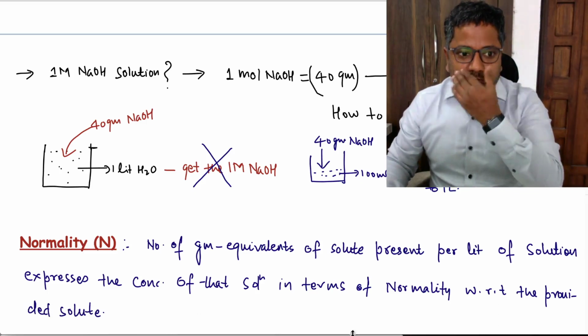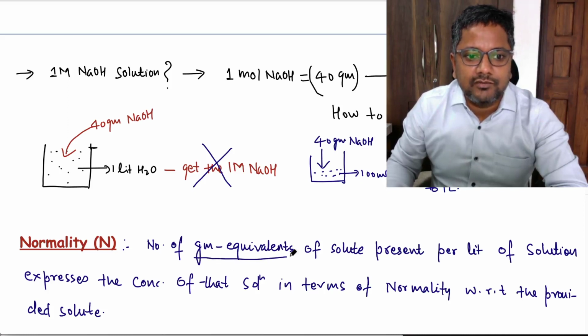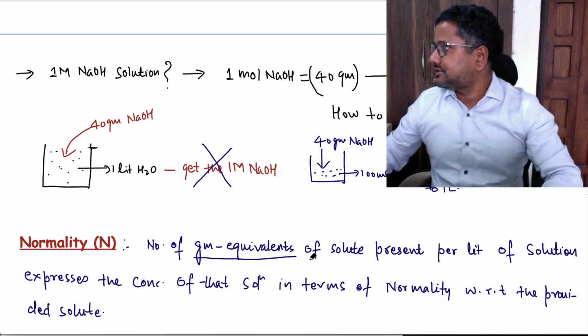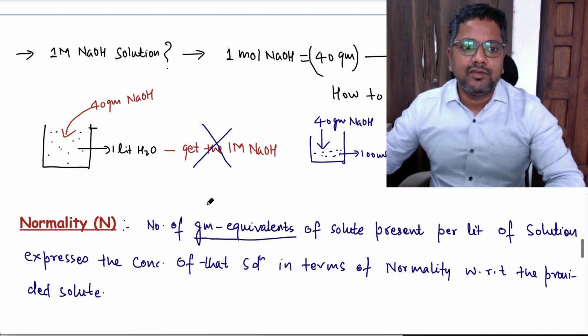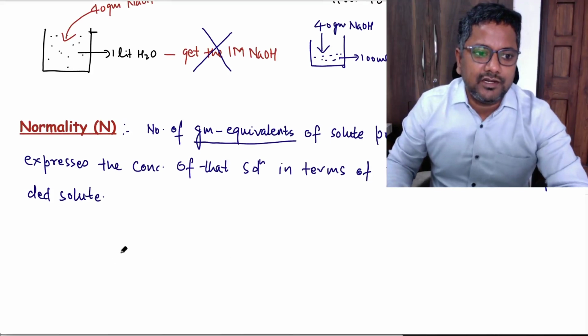So the only difference is that in place of moles, here we have gram equivalents. That's it. The only difference is this, right? In place of moles, we have gram equivalents.